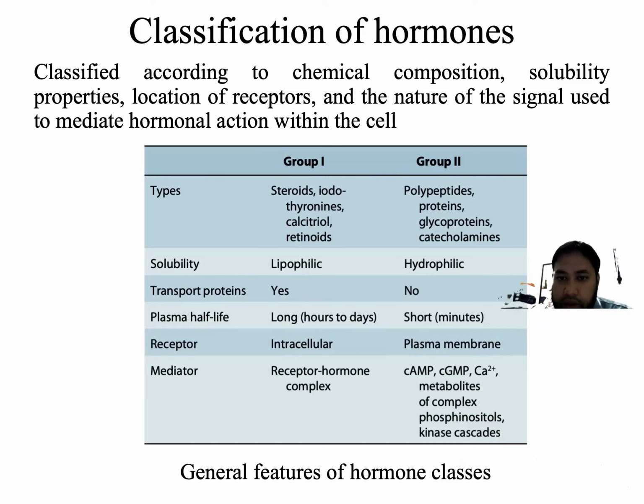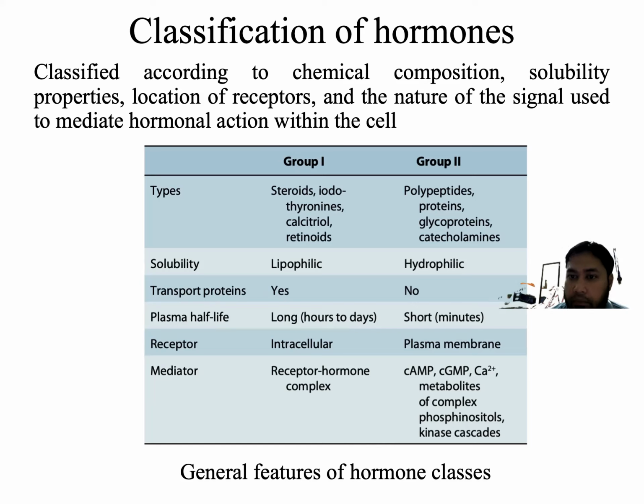Group 1 is steroids, which are lipid-based hormones, and they hate water so much they cannot mix with water. Whereas protein-based hormones love water so much that they can be mixed together with it.